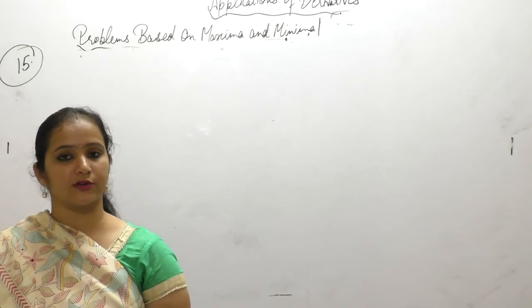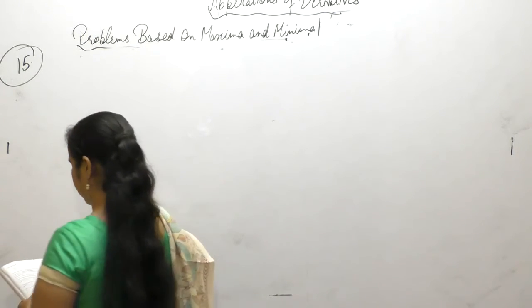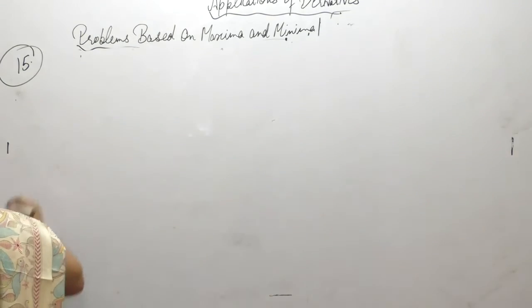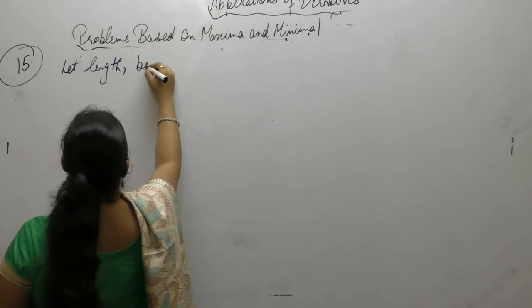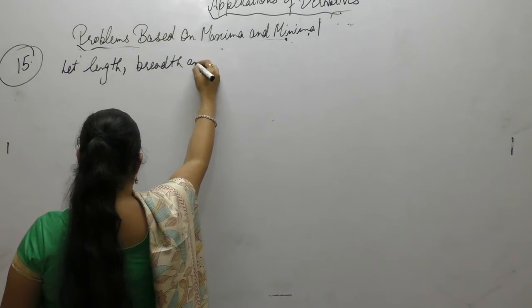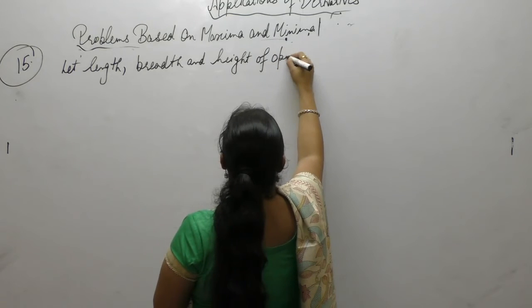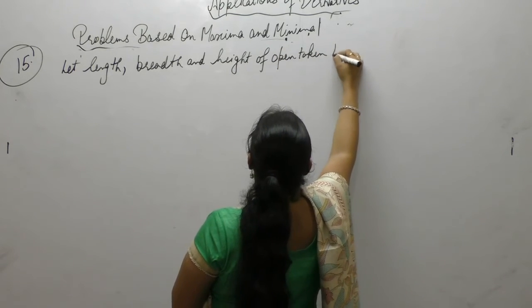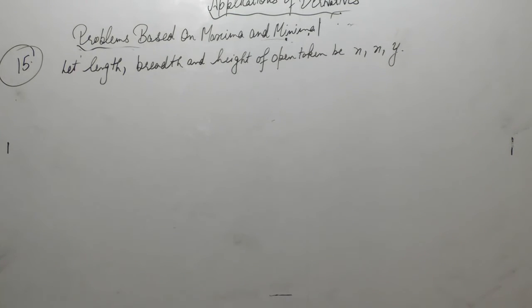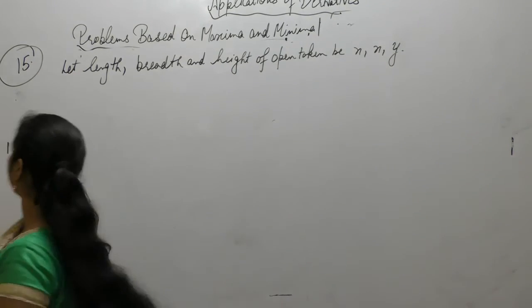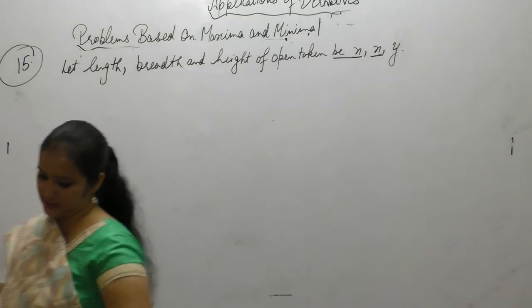Show that the cost of material will be least when the depth of the tank is half its width. Write down. Let length, breadth and height of the open tank be x, x and y. Here also a square base is given, therefore we have taken length and breadth equal, that is x.